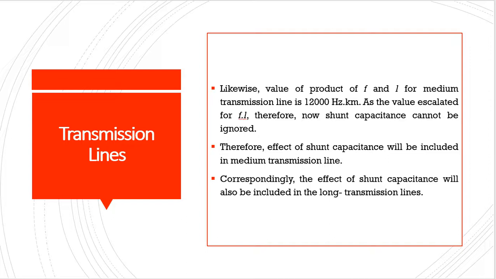So up till now this is enough, that you now know why we cannot use the capacitance across a short transmission line, and why we consider the effect of capacitance in medium and long transmission lines, right?